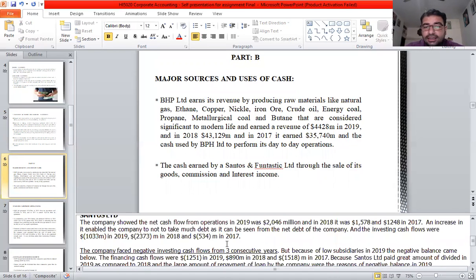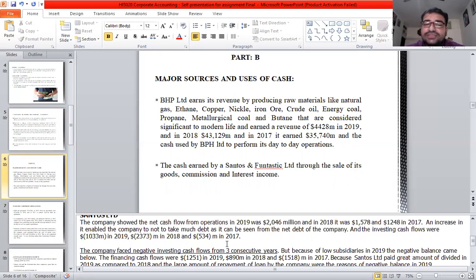Santos, the company, showed the net cash flow from operations in 2019 as 2,046 million, 2018 as 1,578 million, 1,248 in 2017. The increase was enabled by the company not taking much debt, as it can be seen from the net debt of the company.